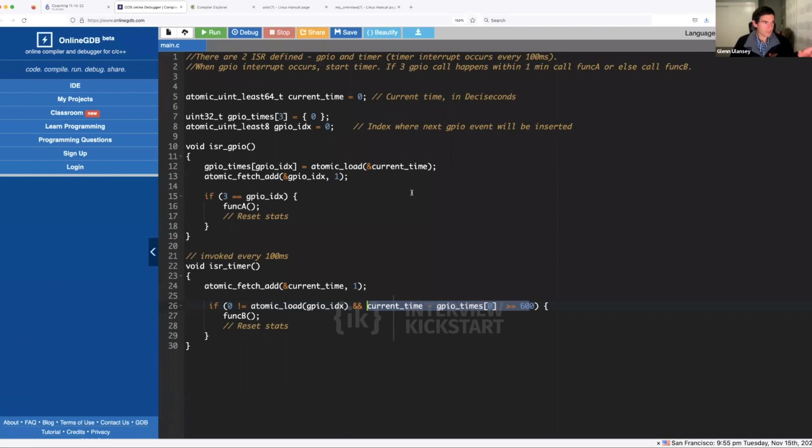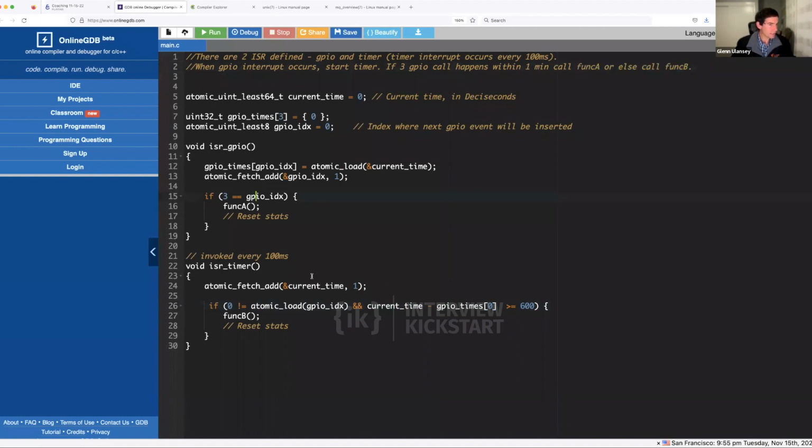Okay, so maybe I'll point out the one issue with this current code. And I'll be honest, I didn't think about this until I reread the code right now, which is we need to make sure either func A or func B is called. We can't ever call both. We have to call one or the other.